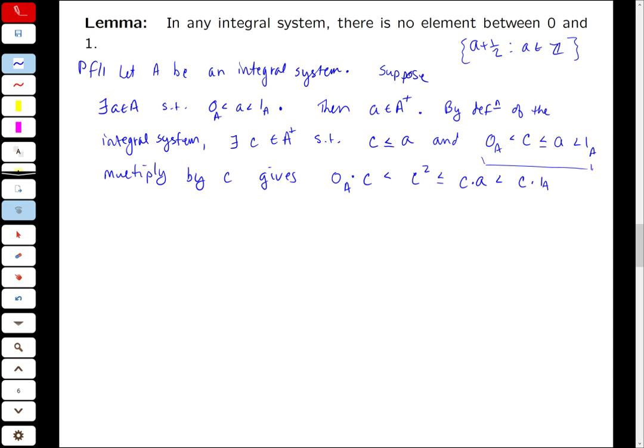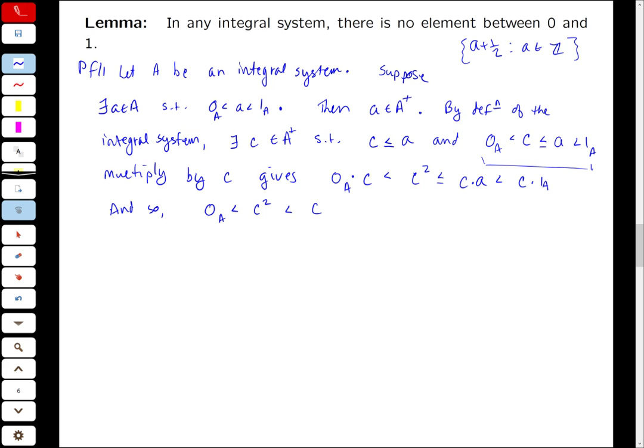I just multiplied it across on the inequality. Simplify this. What is 0 times C? 0. C squared, and that's going to be less than C times A. Well, I'm just going to go straight to C times 1, which is our C. That's all I really care about.